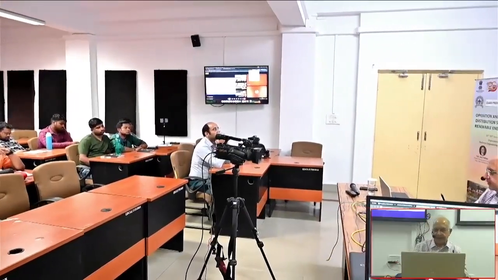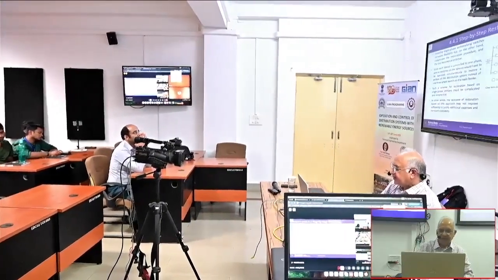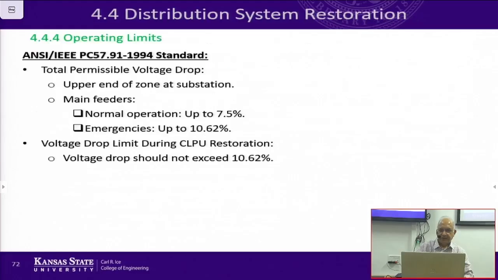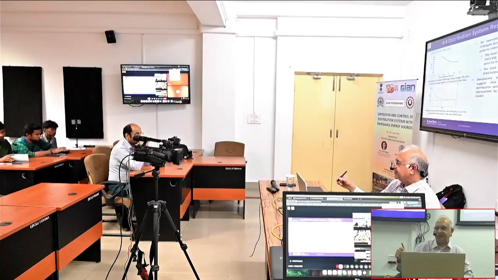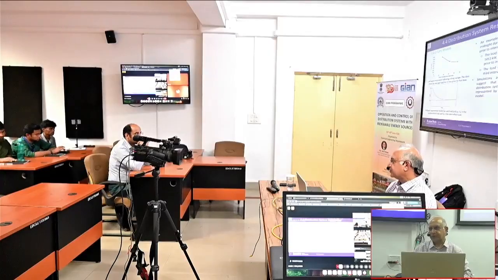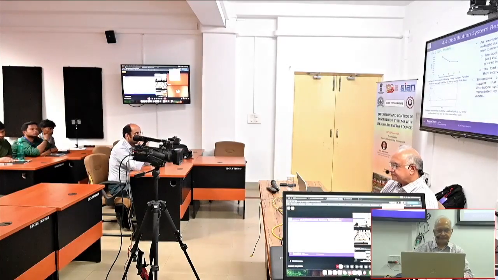For example, the data that I showed you here came from an actual utility company, the one that I showed you at the top. So this company kept track of the data when an actual outage took place. So if your utility wants to get values of SU and SD, they will have to put meters in to be able to measure those things.